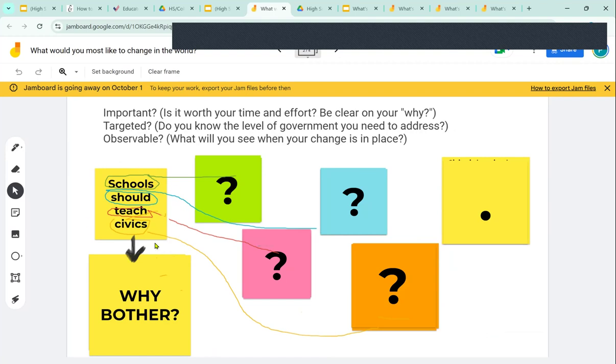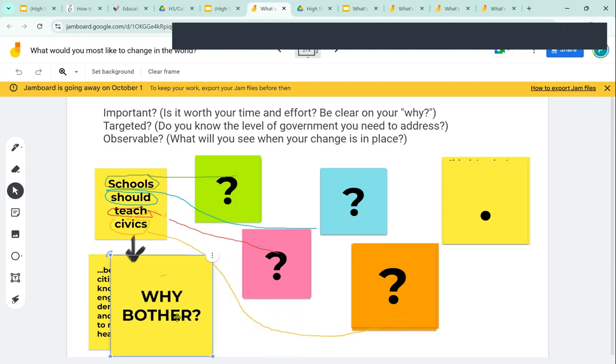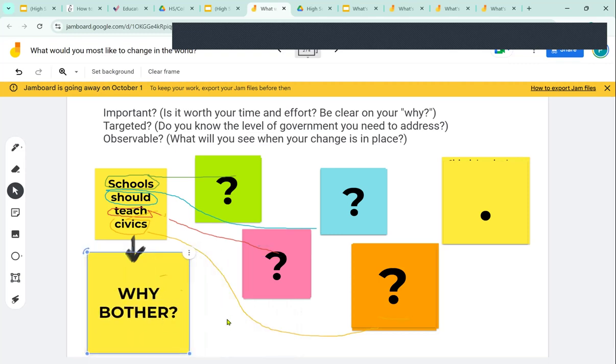You know, why bother? Why should I even care that schools should teach civics? And my why that I'm going to keep in mind the whole time I'm working on this is because as citizens, we need to know how to be engaged in the democracy, voting and taking actions that will make the world change the way we think it should be.